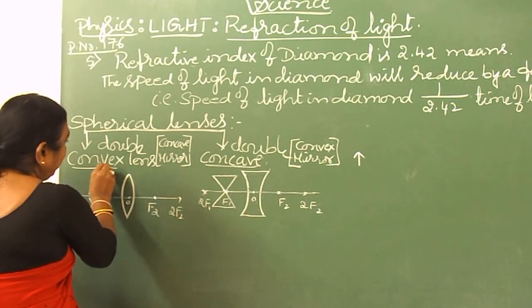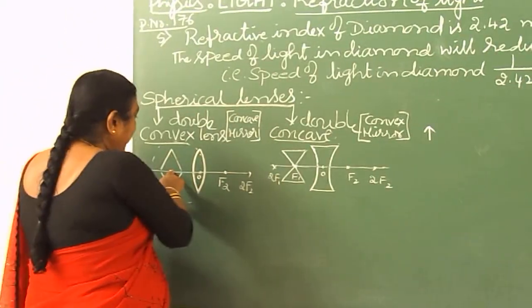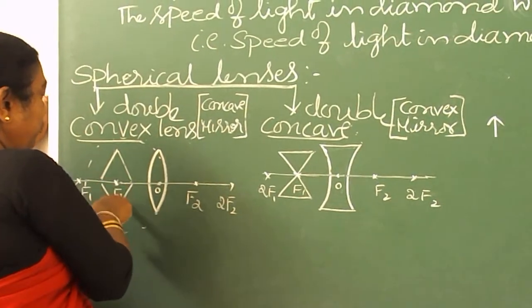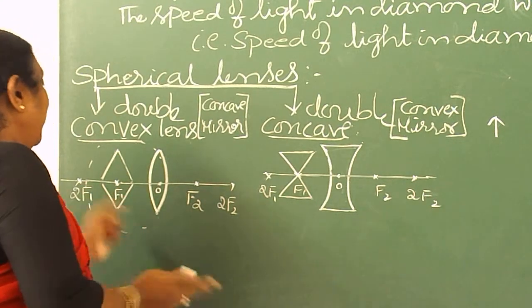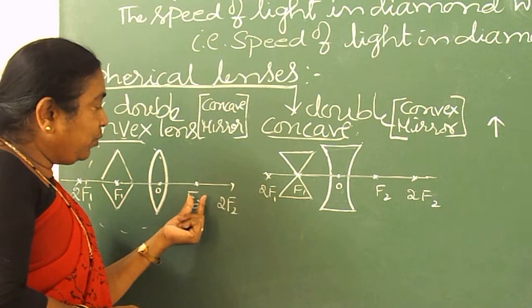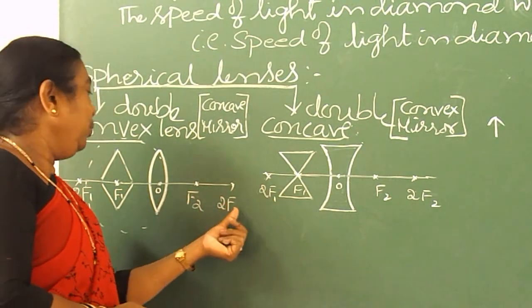We call the center of the spherical shape the principal focus first, and the second is 2F1, double of its distance. On the other side, again the principal focus of the other part and double of its distance is 2F2.